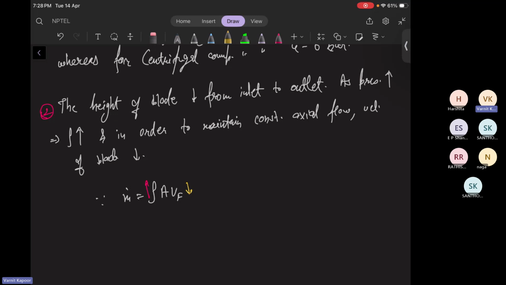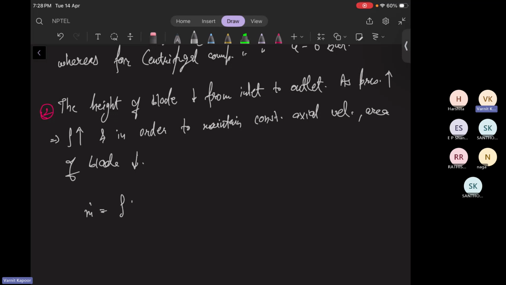Sorry, my bad, I mistyped here. If you want to maintain a constant axial flow velocity, then the area of the blade needs to be decreased. How?